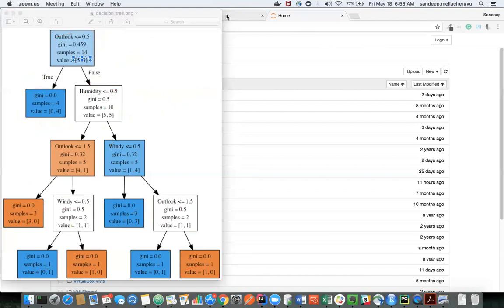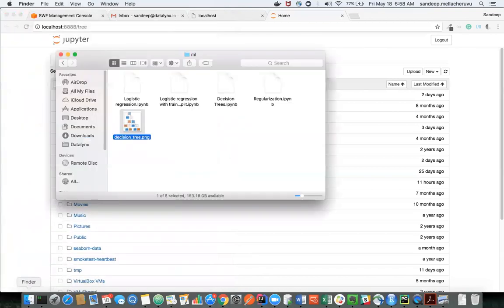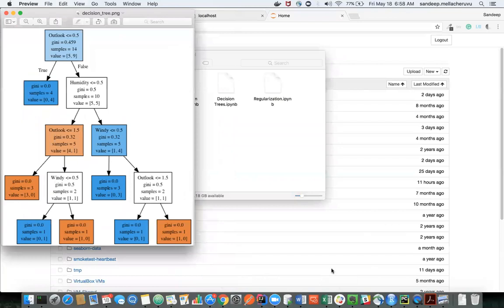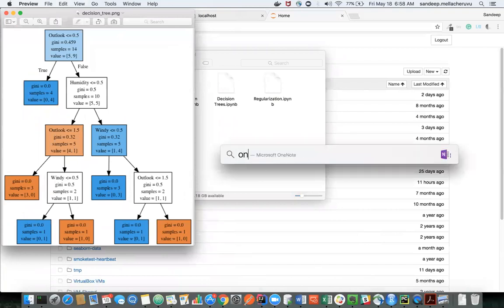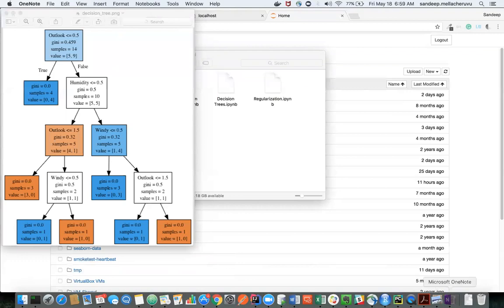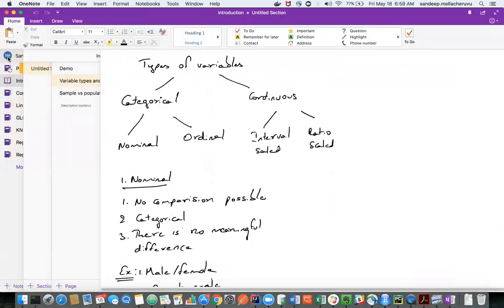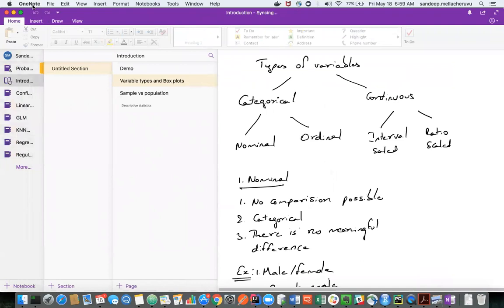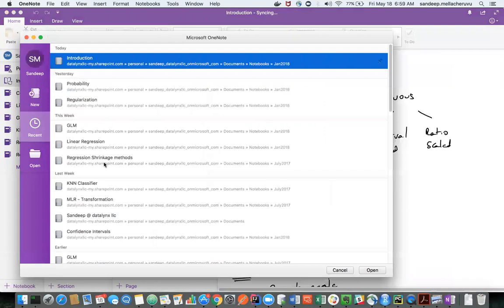Yes, Sandeep. Okay, one second. Let's try to write this down in one note. I have to open our notebook on decision trees.